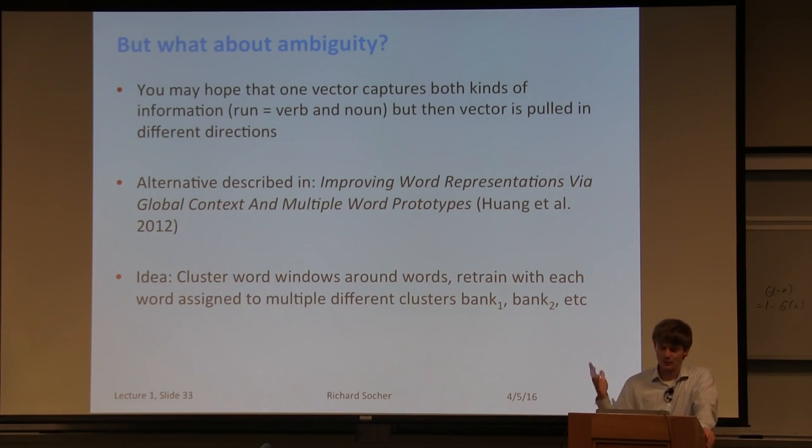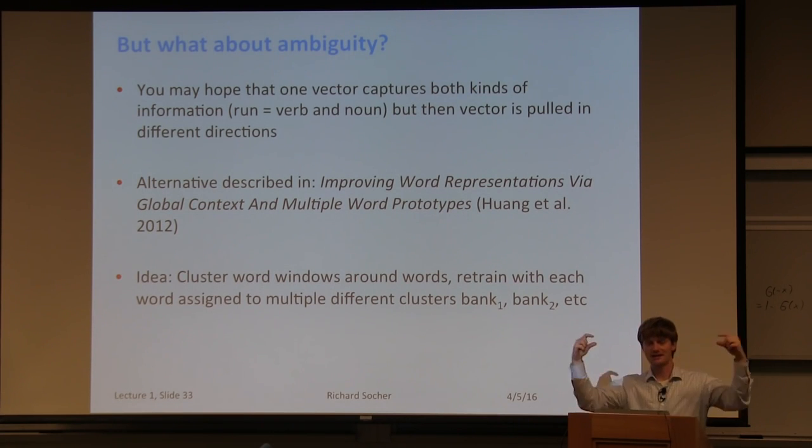And so one way we thought about dealing with this is to essentially cluster the word windows that we have. So imagine you have your v vectors and your u vectors, and you just concatenate all of these vectors. Let's say each vector is d-dimensional. You basically have a window size of 1, so you have a 3d-dimensional vector, as in 3 times d.